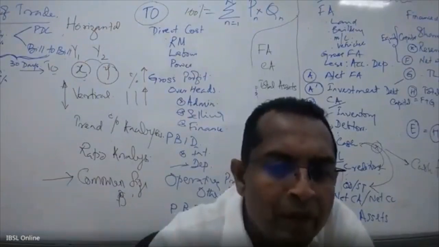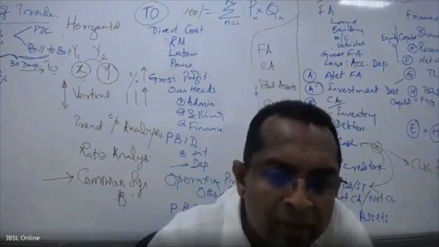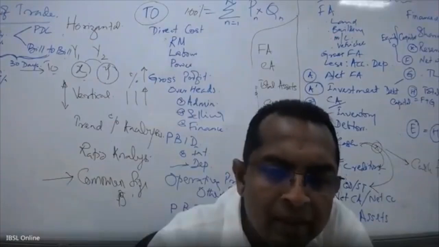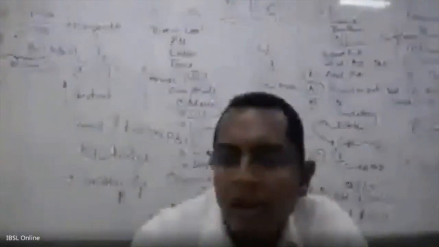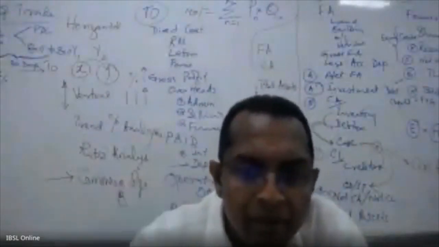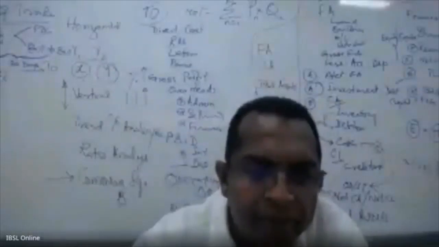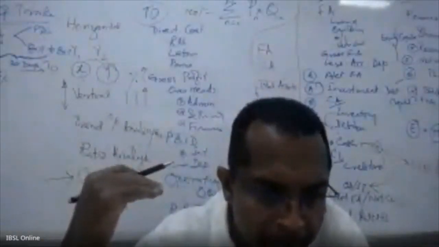So what we do, we reduce the current assets amount and see the coverage. If it is approximately near 1, around 1, we are above 1, we are happy. Right? That means even without current inventory, we have a coverage for current liabilities.